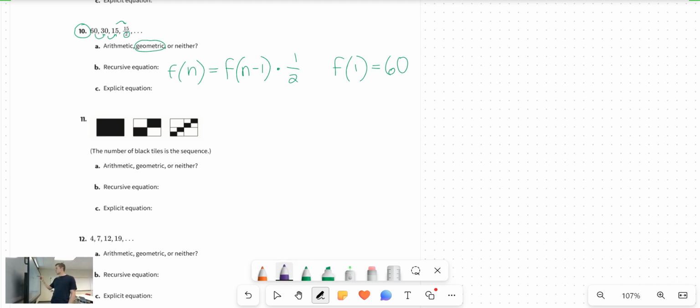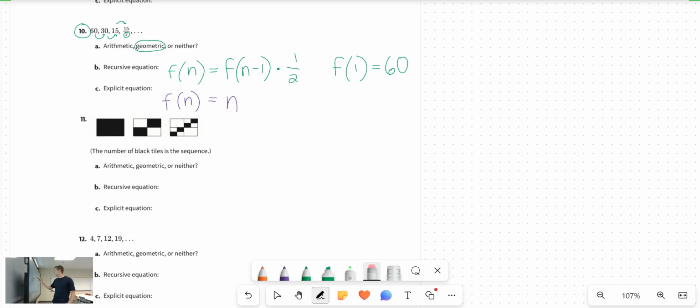And now our explicit equation, f of n equals, well, again, there are two ways to write this. We'll see if we can write both this time. So the first is to say, oh, it wouldn't be an f. What am I doing here? Sorry, the first is going to be, oh, we're going to take n.